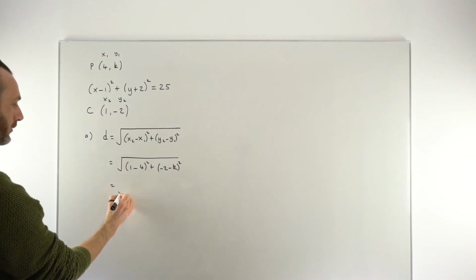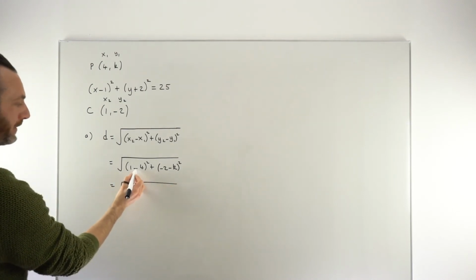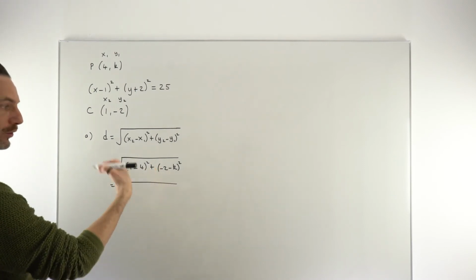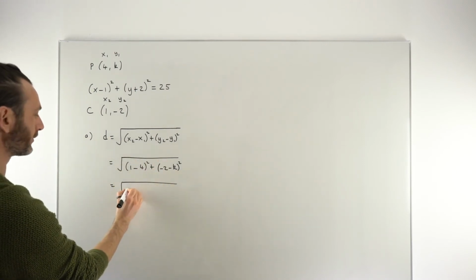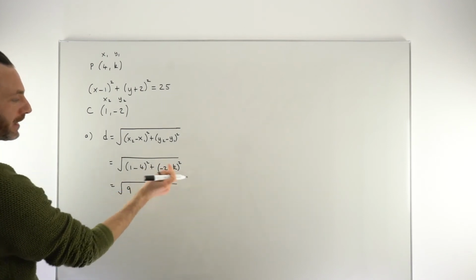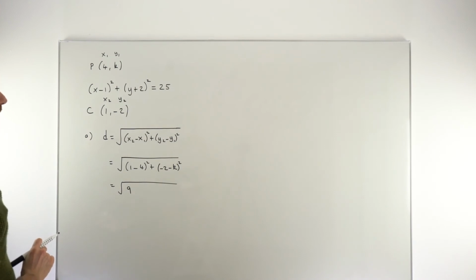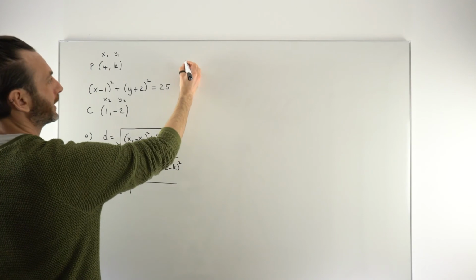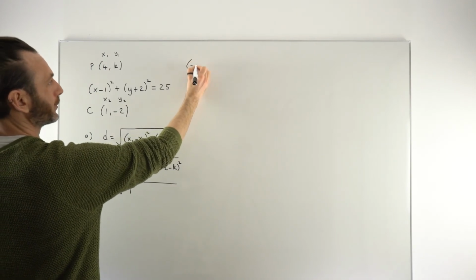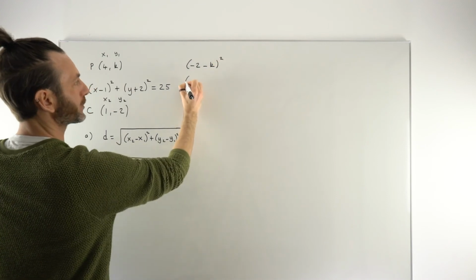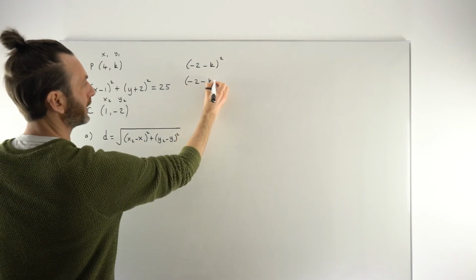So this is going to be the square root of, so 1 minus 4 is negative 3. Negative 3 all squared, which is negative 3 times negative 3, is going to give us positive 9. This one here is a little bit fiddly. It might have been better the other way around, to make it k minus minus 2, but it doesn't really massively matter. If you just think about those brackets, minus 2 minus k squared, a bracket squared just means the bracket times itself.